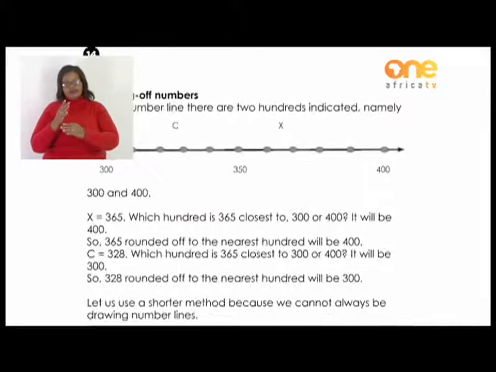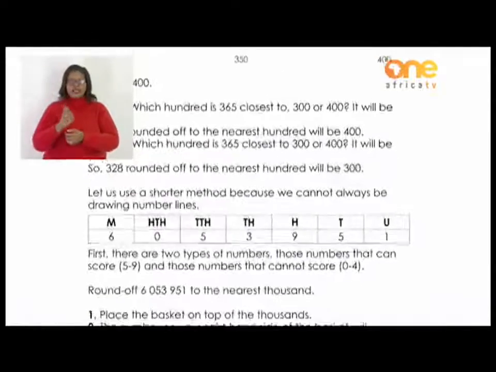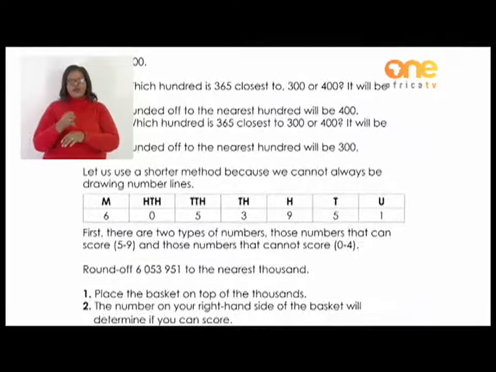X is marked at 365, and which 100 is near or closest to this number? So it's a matter of choosing, and it will be 400.